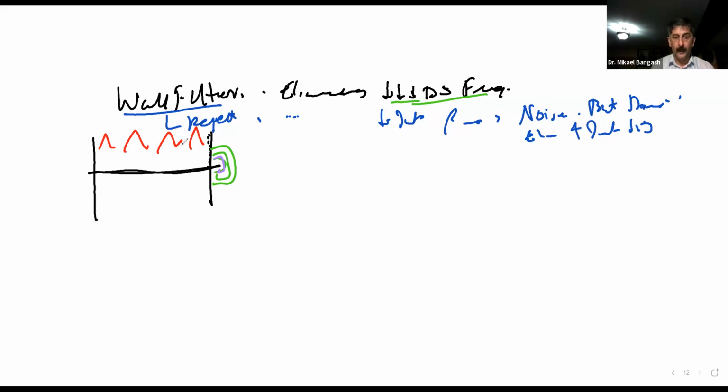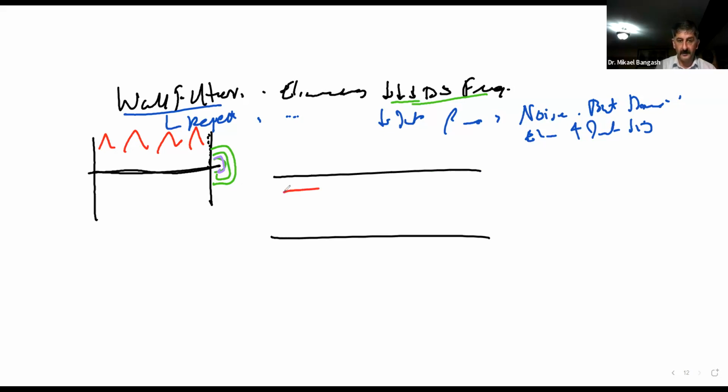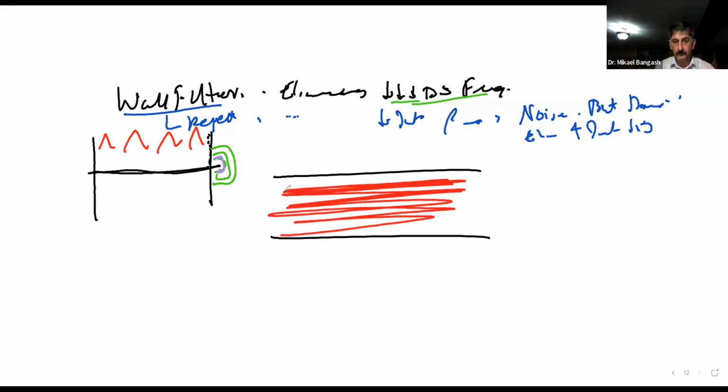Right, and in the blood vessel, where is it that you see low frequencies or low Doppler shifts? In a vessel, where do we have low Doppler shifts?